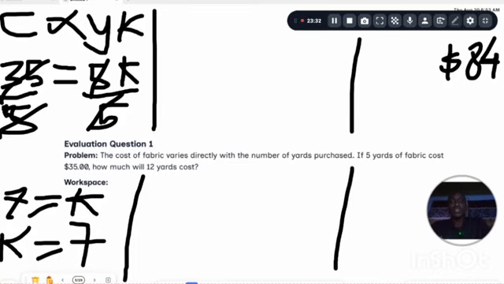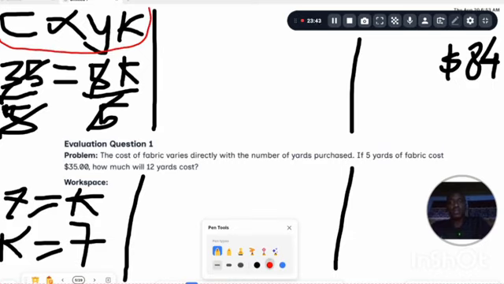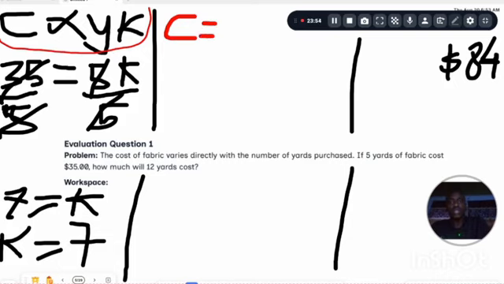And for the equation, I'll be making use of a different ink. So that will be C equals Y, and the K is 7, open bracket 7.